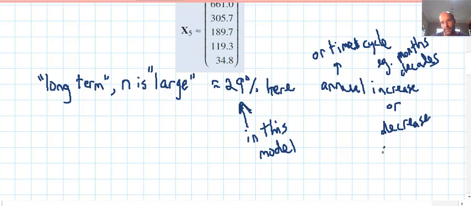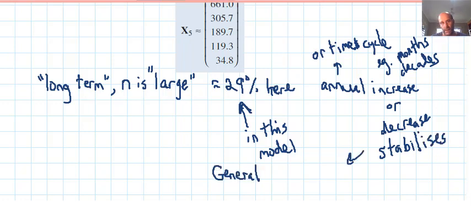It stabilizes. In other words, it converges to a value and it sticks to that. So that's a general property of Leslie matrices.